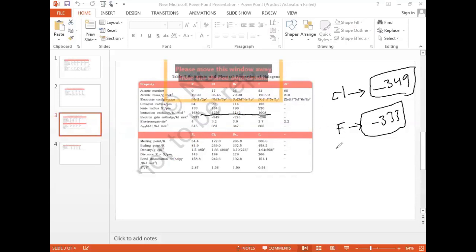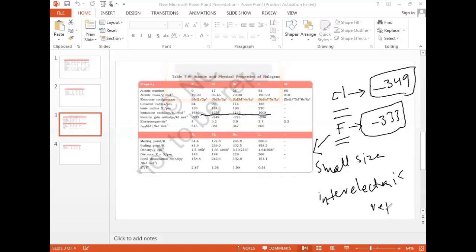Okay. Now, here if you see this particular one, fluorine and chlorine, we can see chlorine is more negative, because in fluorine, because of its small size, and the inter-electronic repulsions, we expect less electron gain enthalpy when compared to chlorine.